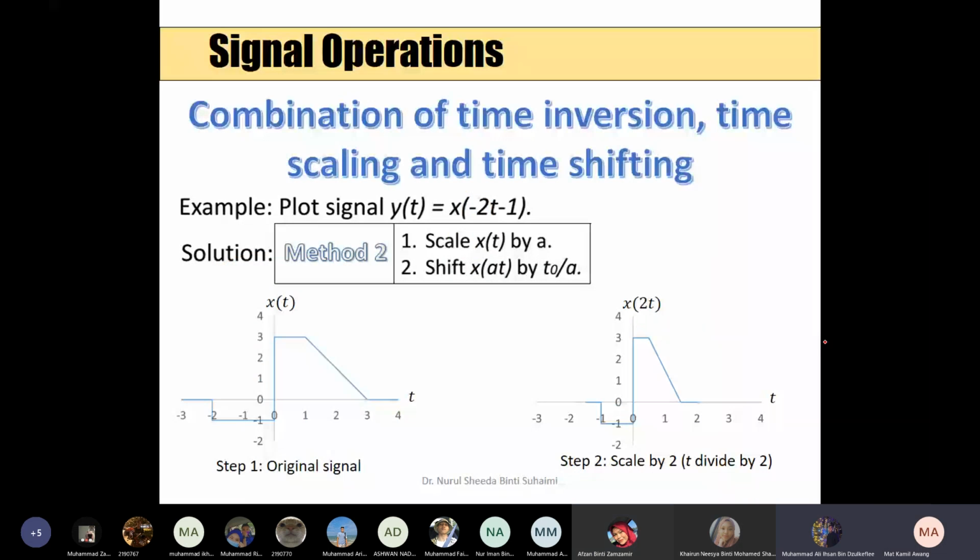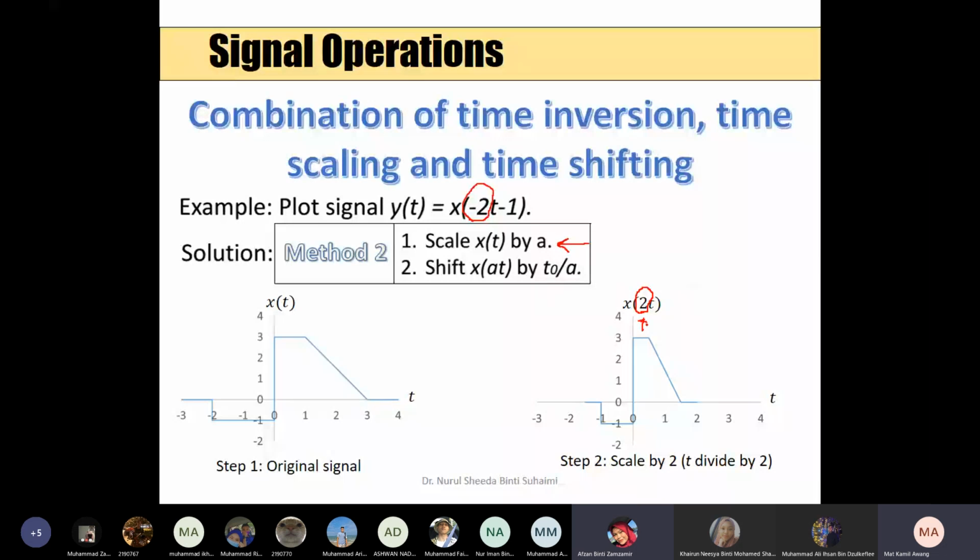Now this is method 2. Same function, but it scales first. Now you look at it: it scales with the magnitude of a. It's minus 2, but it scales first.